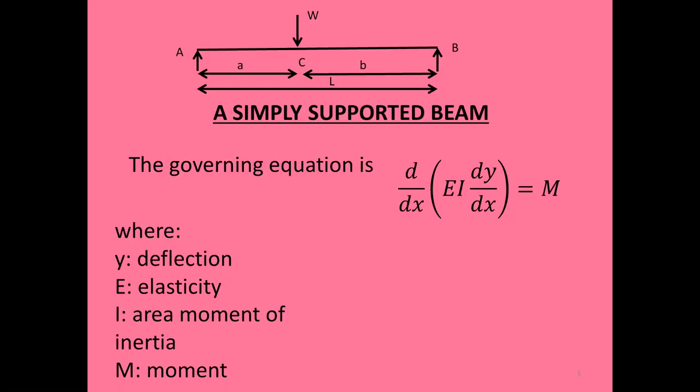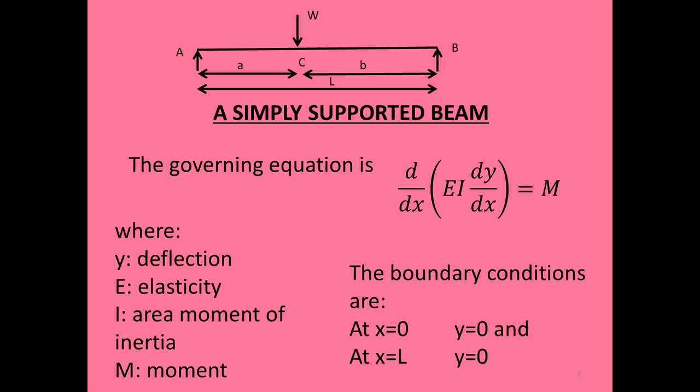As already discussed, this particular beam has a point load represented by W. This point load has to be manipulated to obtain the moments acting at different sections along the length of the beam. The boundary conditions required to solve this problem are going to be the known values of deflection, that is 0, at the two supports A and B.